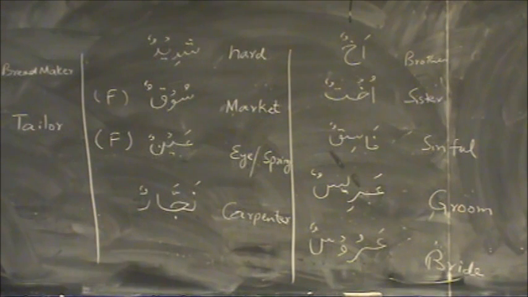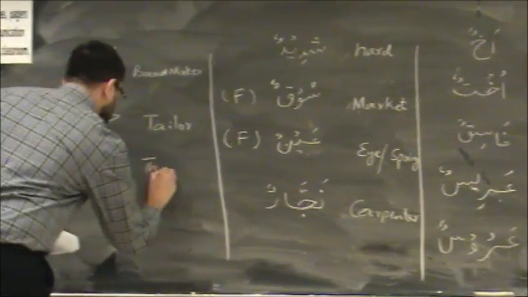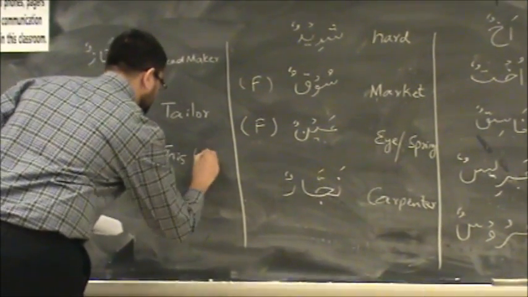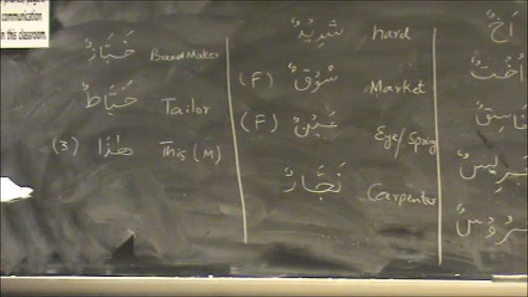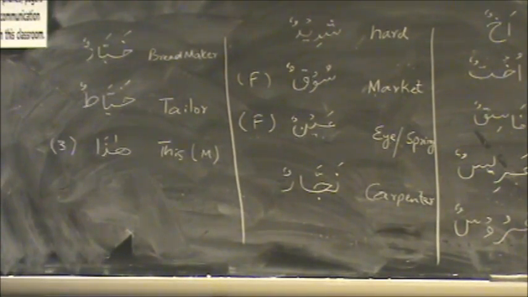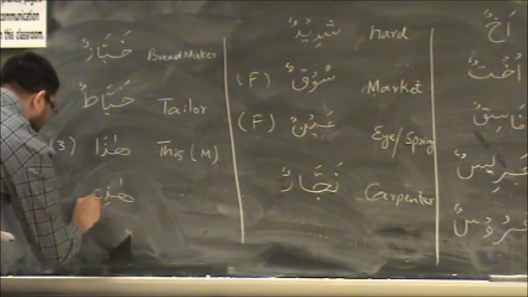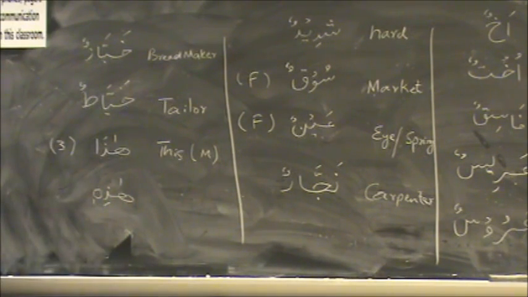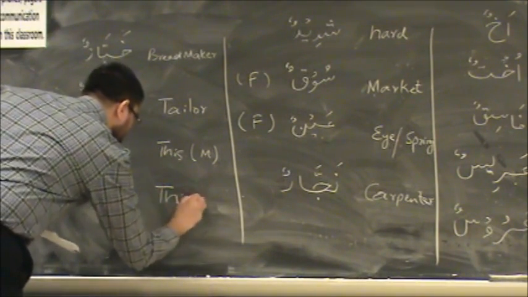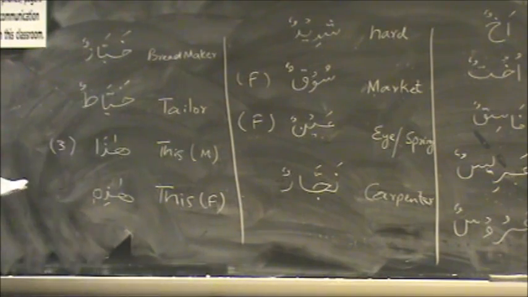Okay. Hada. This is from third category. I'm telling you, third category of noun in terms of case, and it means this for a masculine. And I'm also telling you it's feminine. Hadihi. So hadihi means this for a female.